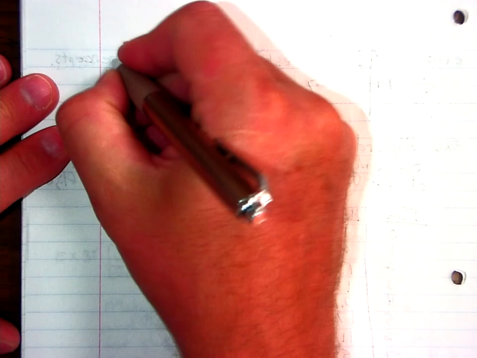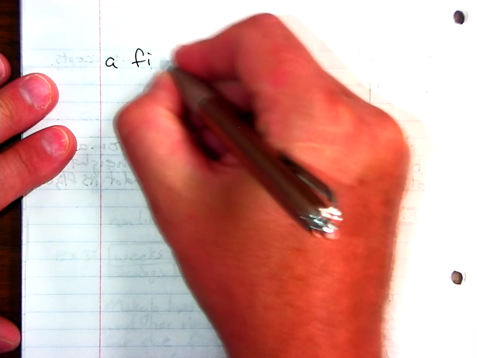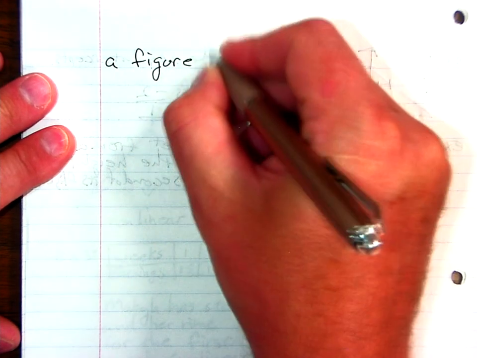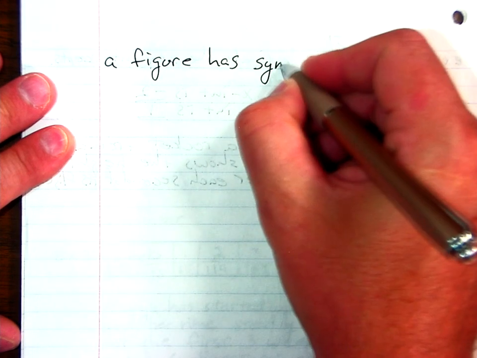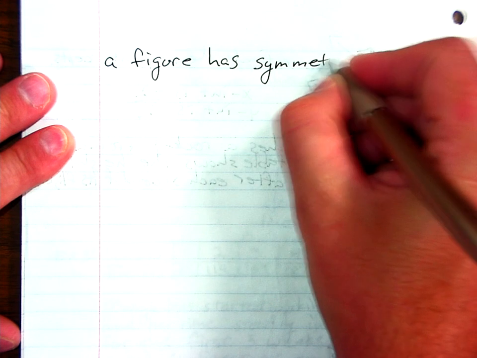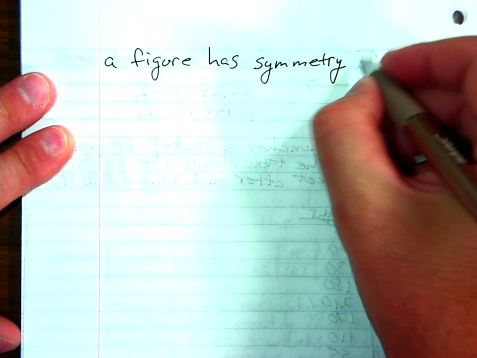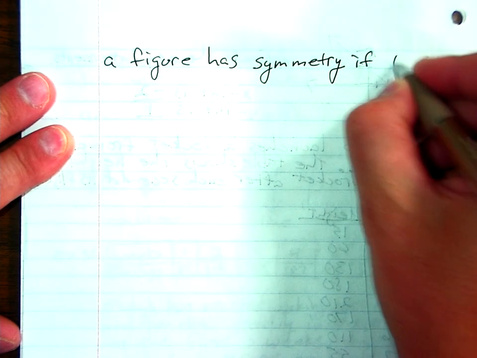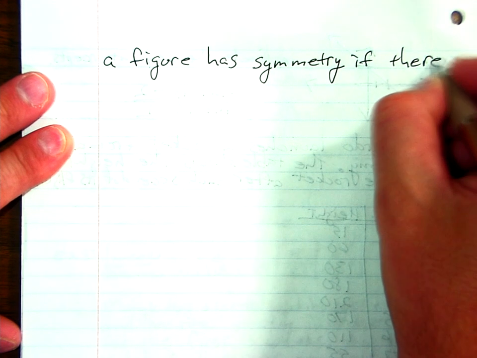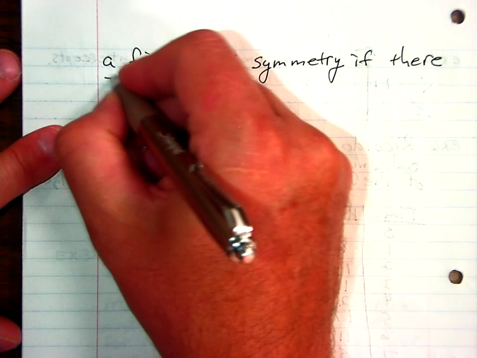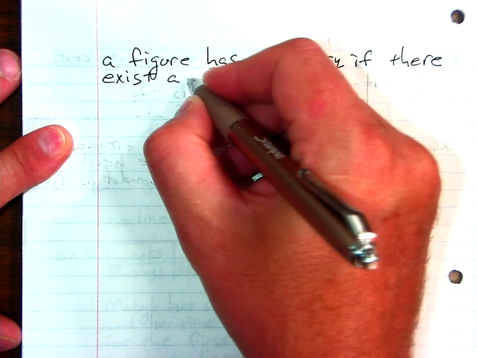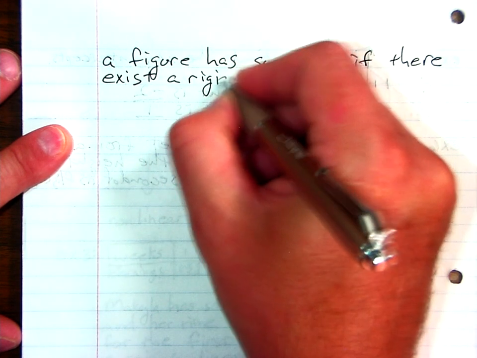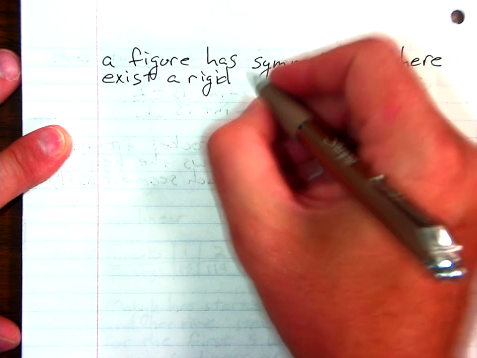A figure has symmetry if there exists a rigid motion, we're going back to geometry.